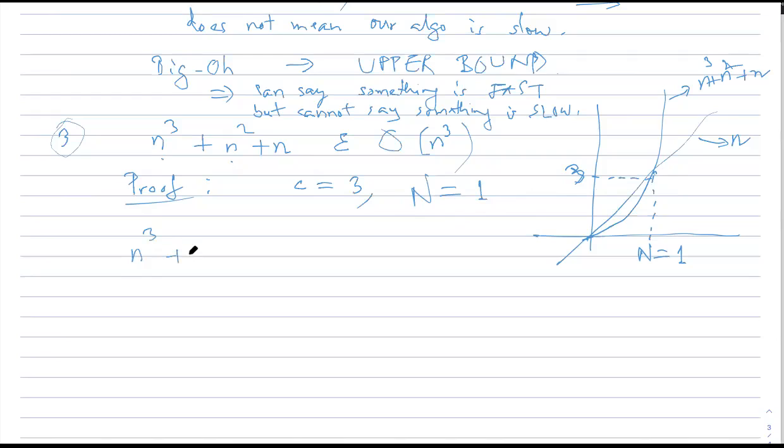In this case, what are we trying to establish? We are trying to establish that n cube plus n square plus n is upper bounded, less than or equal to c times n cube. So if we are making it 3 times n cube, then this would be upper bounding these, because this is a lower order polynomial.